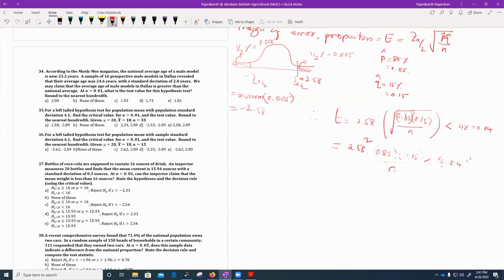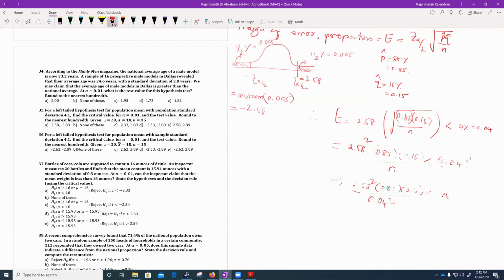Okay, so now simplify these, and you move this n to that side. So this will give you 2.58 squared and 0.85 times 0.15, and move this to the denominator, and this side moves to the right side.